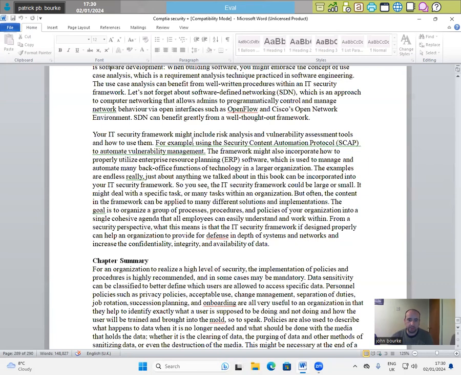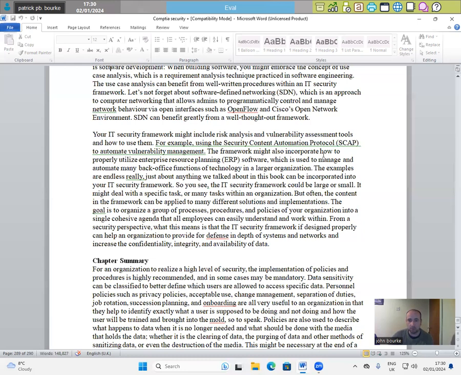Your IT security framework might include risk analysis and vulnerability assessment tools and how to use them. For example, using the Security Content Automation Protocol, SCAP, to automate vulnerability management.